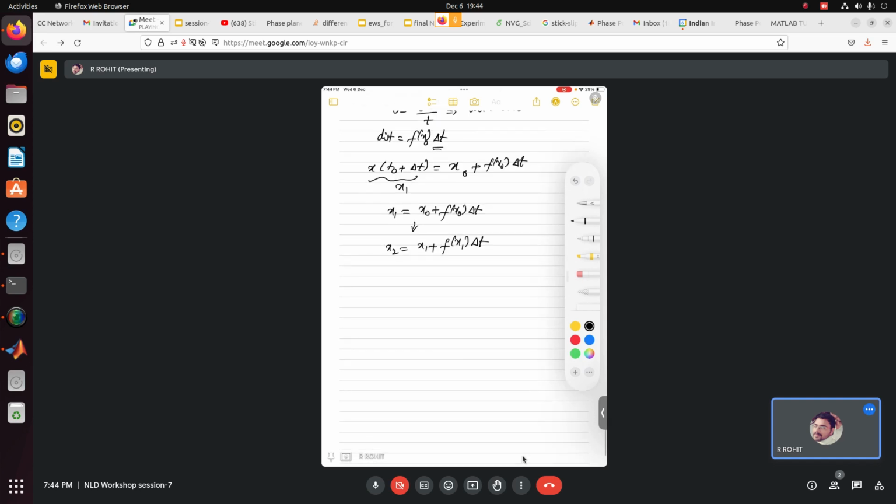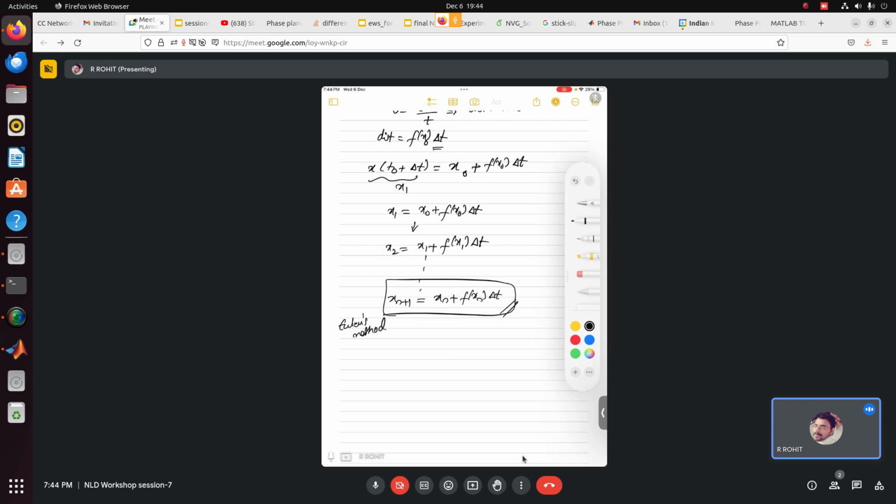And if you forward it to different points, this is nothing but x n plus 1 is equal to x n plus f of x n times delta t. So this is the simplest method, called Euler's method, where as you march forward for a very small delta t time, you can find the solutions of x of t for each of the points.